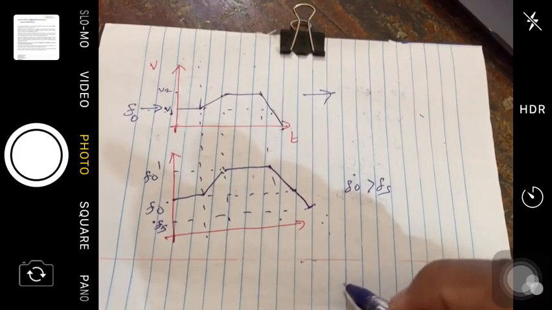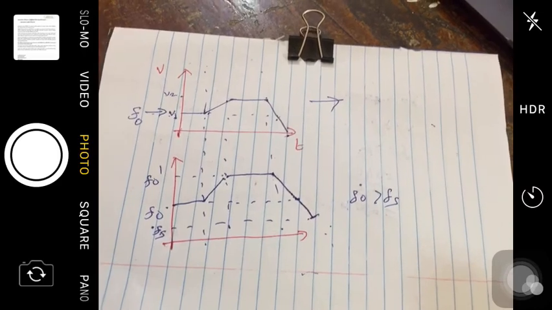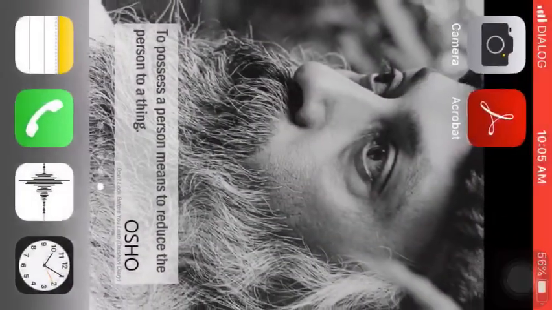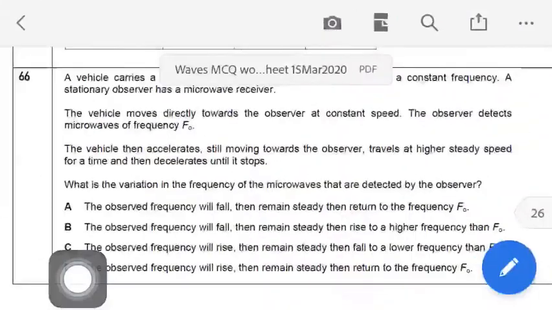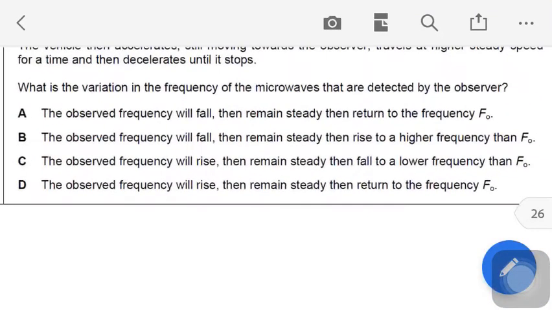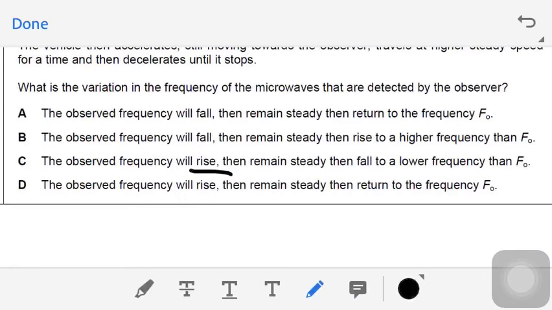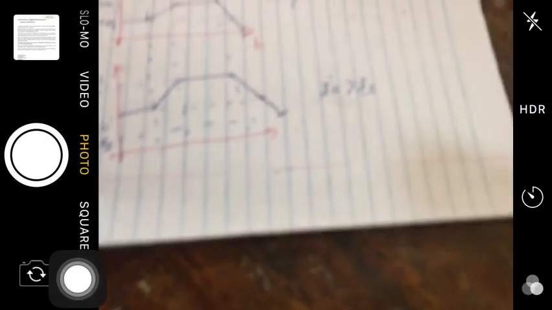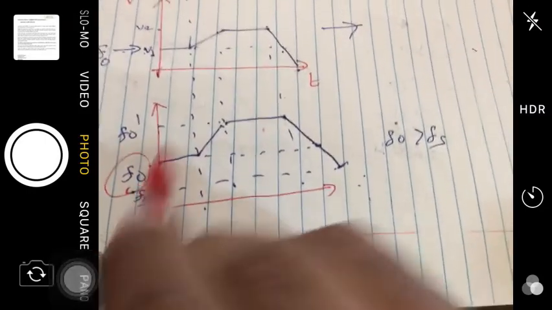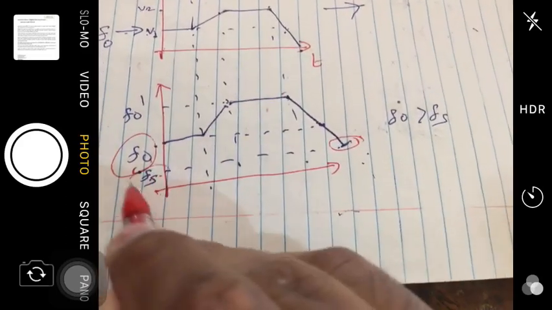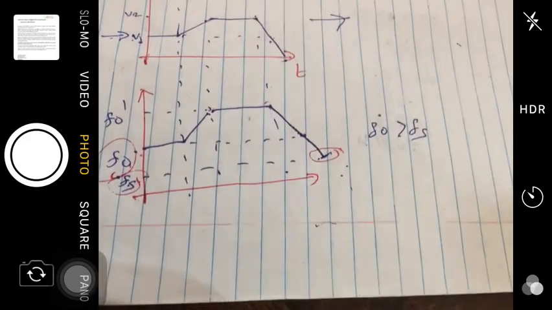So for question number 66, you will have answer C. The observed frequency will rise, then remain steady, then fall to a lower frequency than f0, and it will fall to the source frequency.